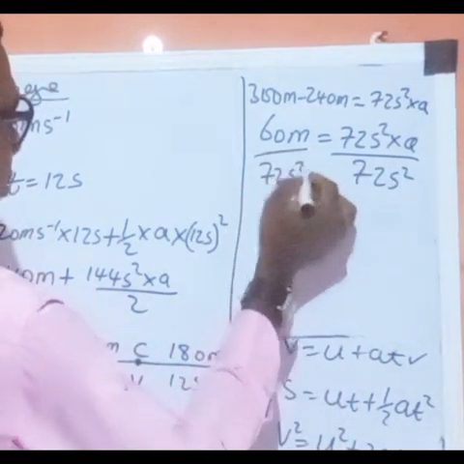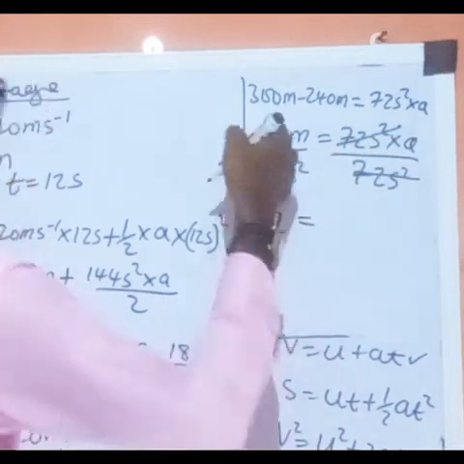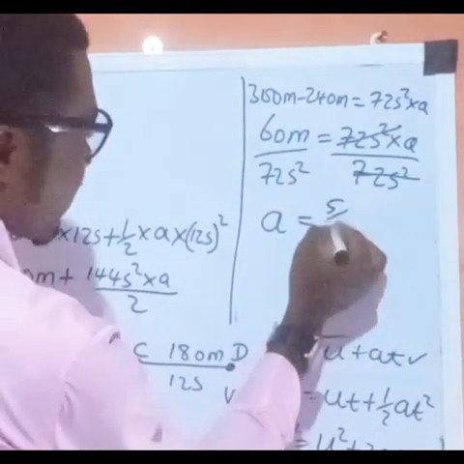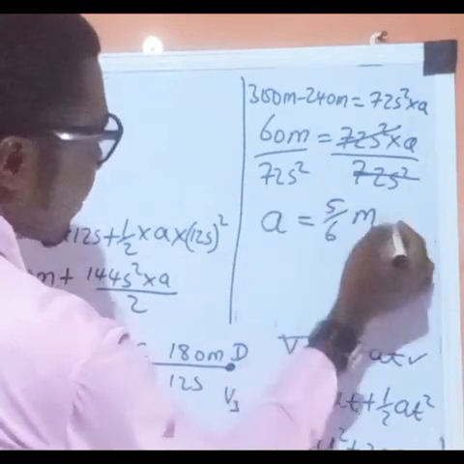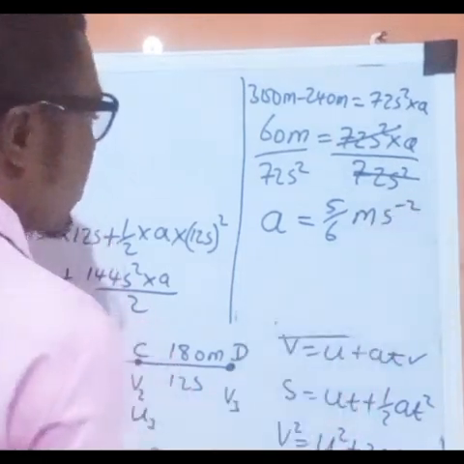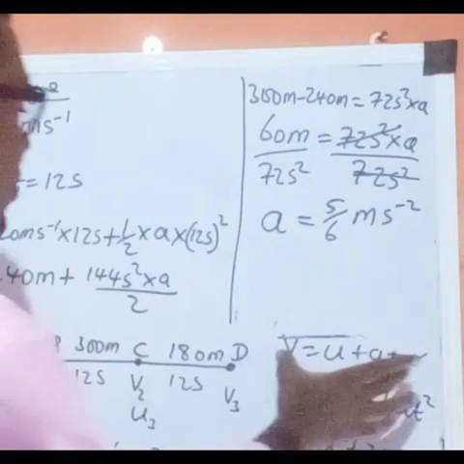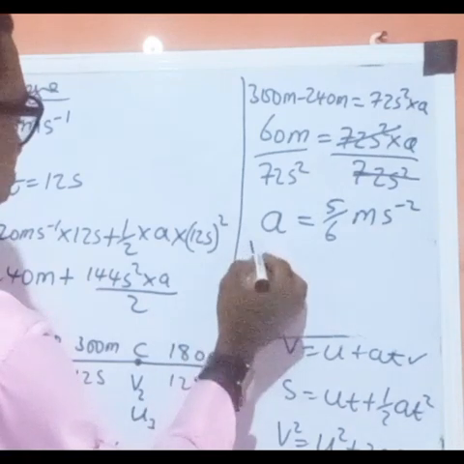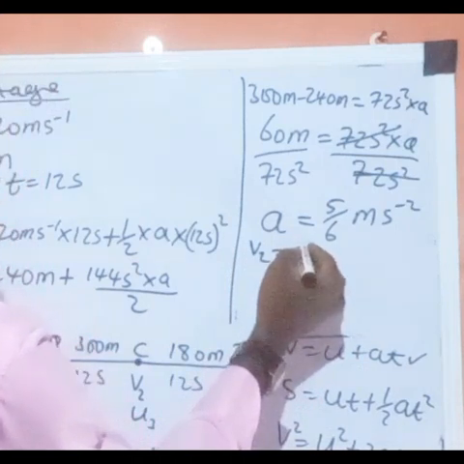This will cancel this. So our A is what? 60 over 72 equals 5 over 6. I'm leaving it as a fraction because that's not the final answer. Meters per second squared. So that is the acceleration for the second stage. Then we use equation 1 to get the final velocity for the second stage. So V2 equals U2. What is our U2?